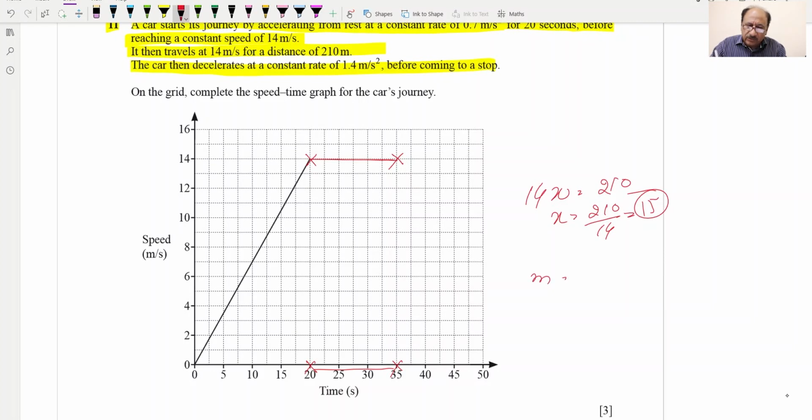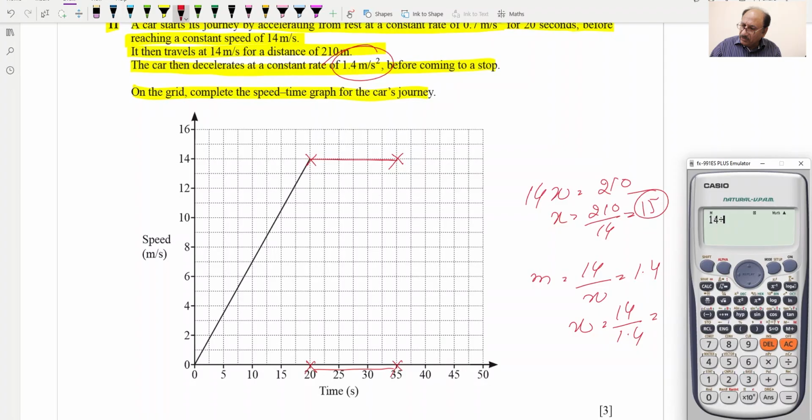So m is equal to rise, which is 14, over the x value, and this is equal to 1.4 as provided here. So on the grid, complete the speed time graph of the car's journey. If we find this x value, x will be equal to 14 over 1.4, and 14 divided by 1.4 is equal to 10.